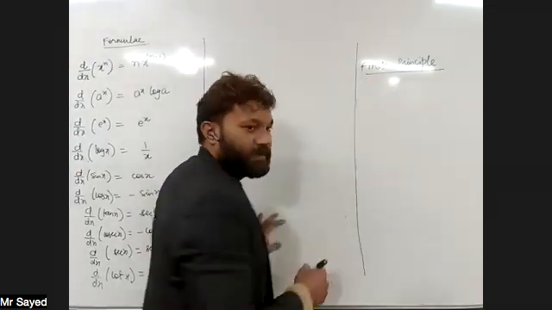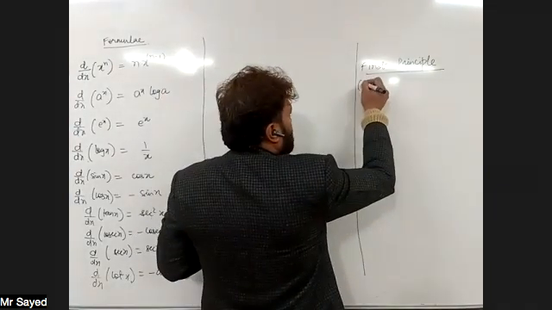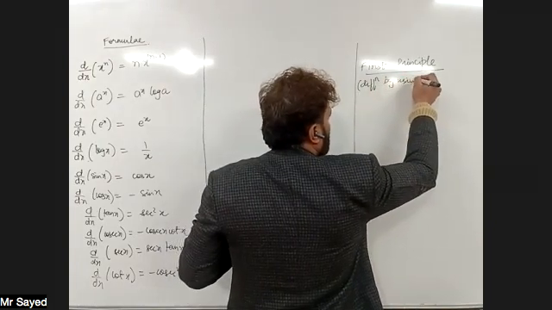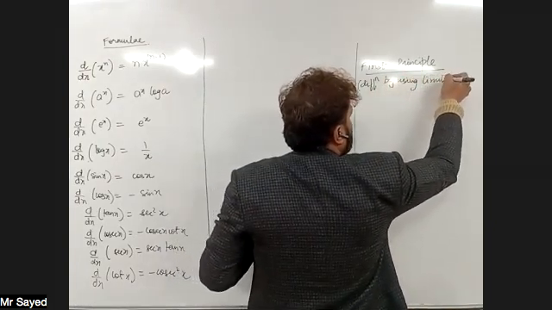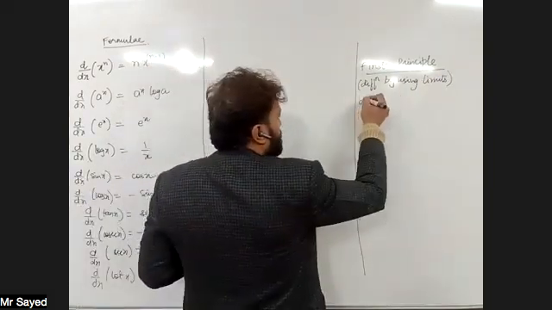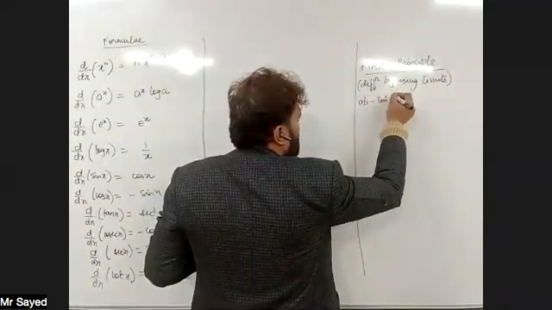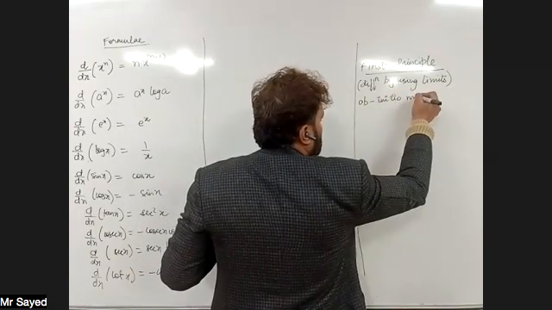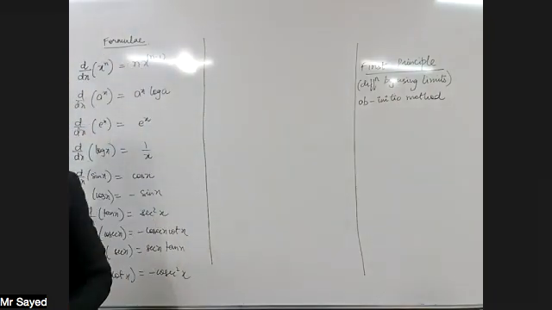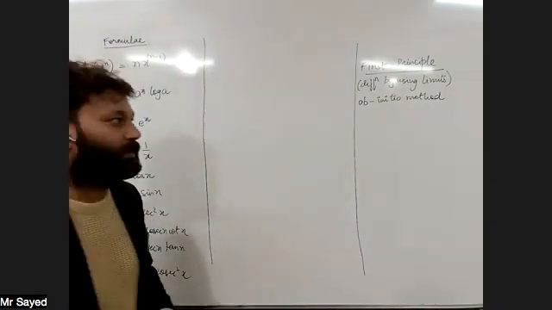There are other names for first principle also. We call it differentiation by using limits. So whatever we have done in limits will be revised again in this. It is also known as the ab initio method. Differentiation by using first principle, by using limits, or by using ab initio.